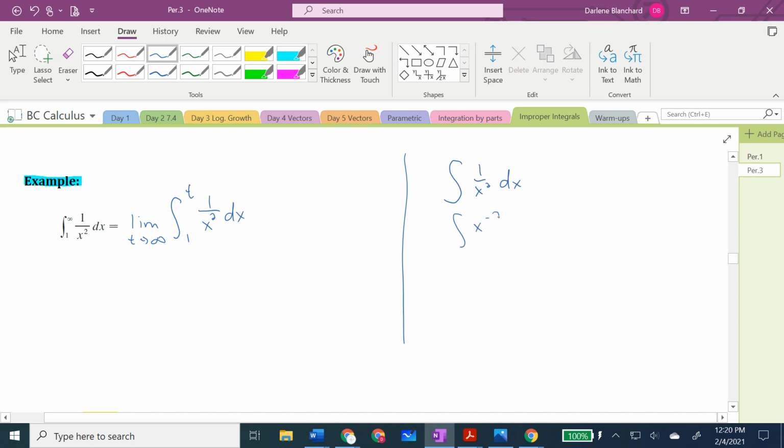My integrand is x to the negative 2 power. So I use the power rule. I add 1 to negative 2 and divide by that number. I would be putting a plus c on right now, and I can if I really want to, but it's a waste of time. So I get 1 over x, and that is then coming back over to here.